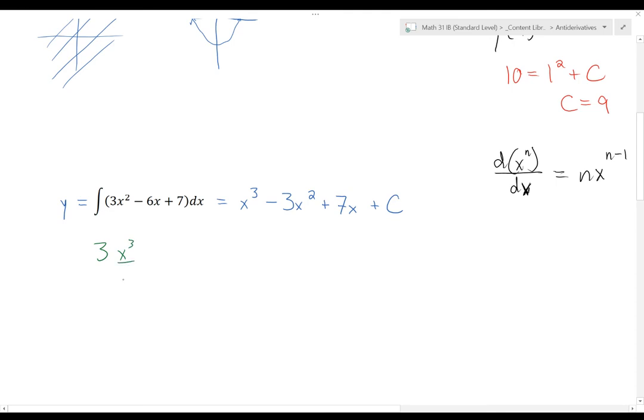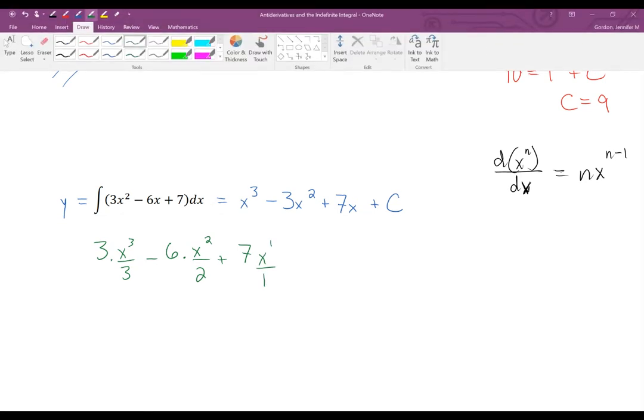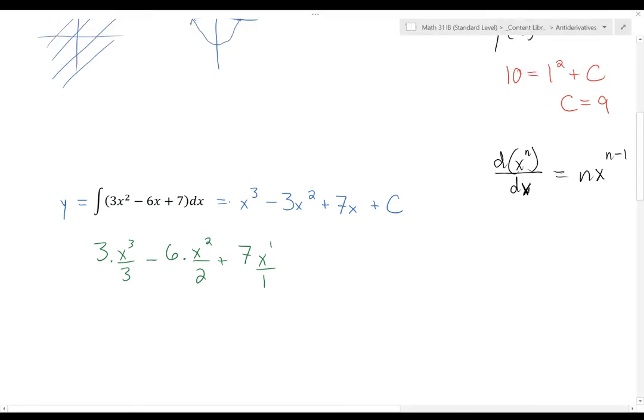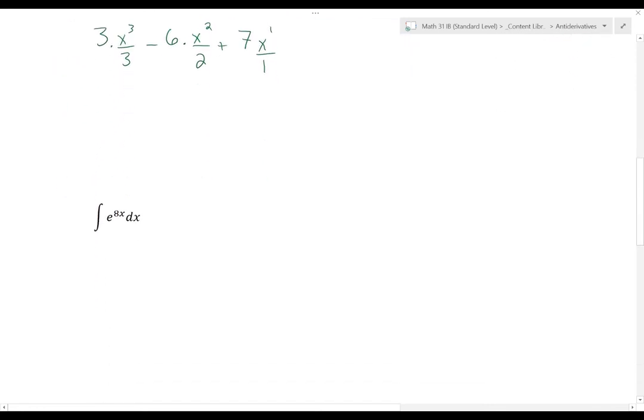So if I'm thinking about how that fits with the formula, it's 3x to the power of 3 over 3, minus 6x to the power of 2 over 2, plus 7. Now, this is 7x to the power of 0, essentially, so that becomes x to the power of 1 over 1, and then plus some constant. So this cubic polynomial is the antiderivative of the quadratic given.